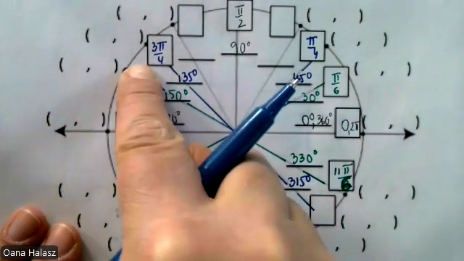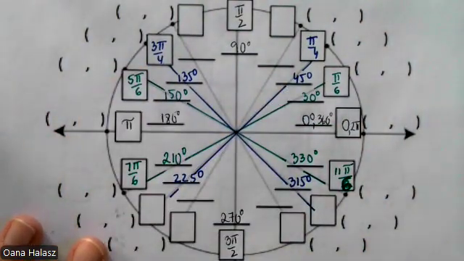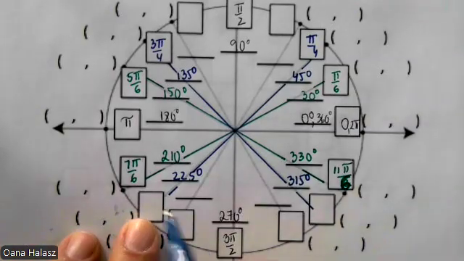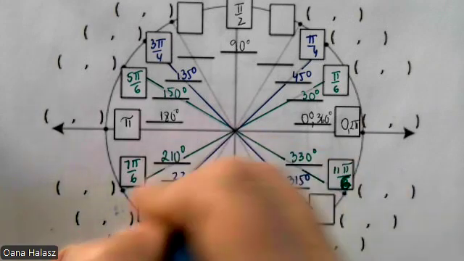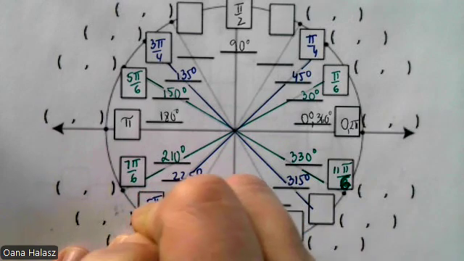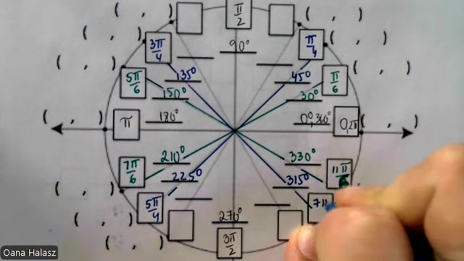If you want 1 less, it's 3 pi over 4. I hope so. It will slowly make more and more sense. In quadrant 3, we want 1 extra than 4 pi over 4, which is 5 pi over 4. And in quadrant 4, we want 1 less than 8 pi over 4, which is 7 pi over 4.